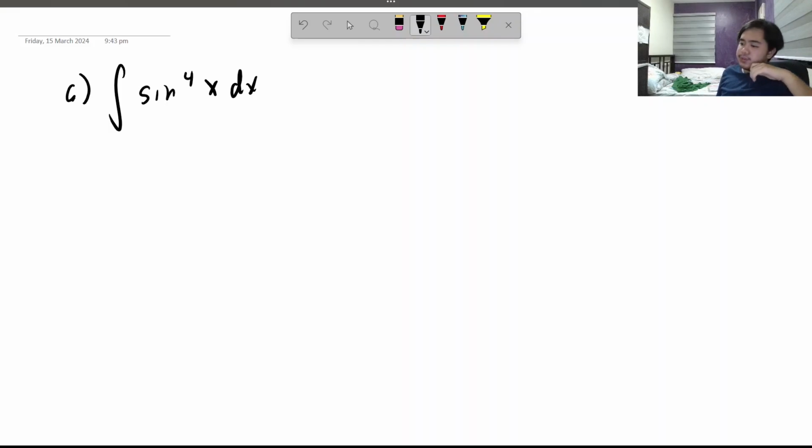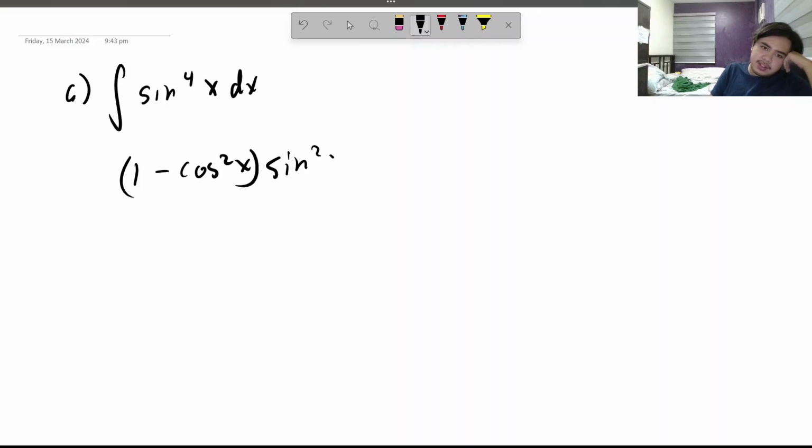What can we use? Can we use the Pythagorean identities, 1 minus cosine squared x? If we did use that, look at this. 1 minus cosine squared x, and then sine squared x. The problem here is, there's a sine squared x somewhere here.